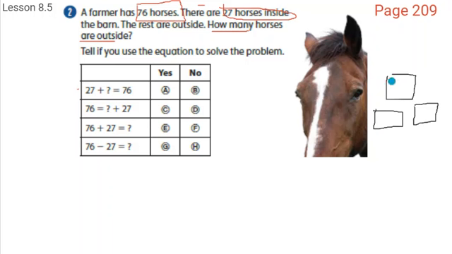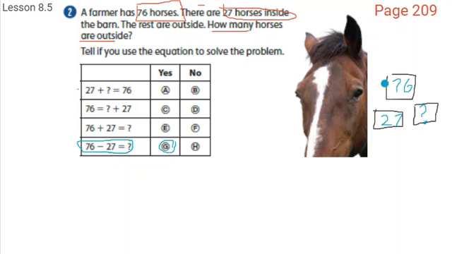So I have 76, which is my whole, and then 27 is a part. So I can go out and find this one, which is unknown. Let's see here. 76 minus 27 is equal to something. Yes.